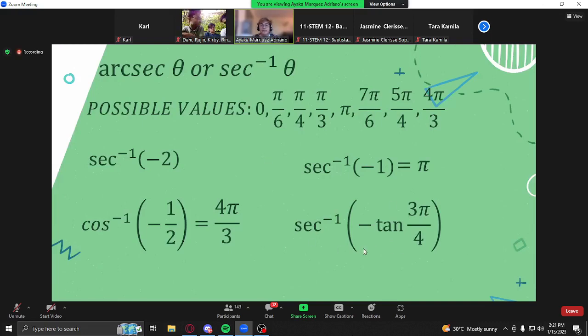Try nga natin ito. What is arc secant negative tangent 3 pi over 4 radians? Ang gagawin po ninyo, i-press nyo muna sa calculator yung negative tangent 3 pi over 4. After getting this value, then that's the time that you get arc secant function.